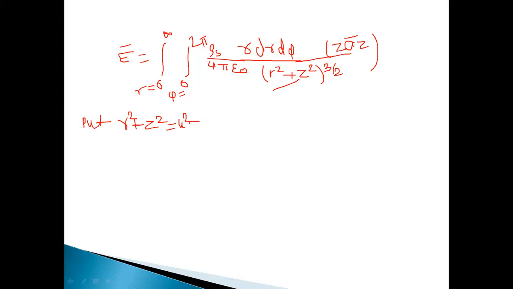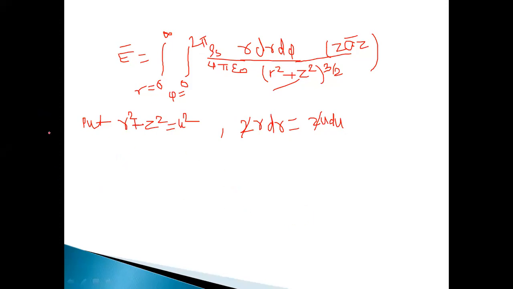If we differentiate it, we get 2r dr, since z is constant, is equal to 2u du. So the 2 and 2 get cancelled, which means r dr is equal to u du. Now r is varying from 0 to infinity.